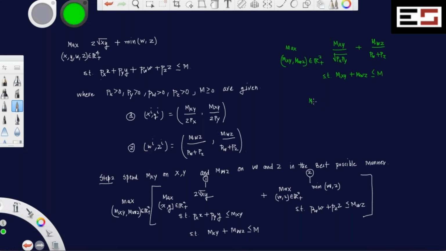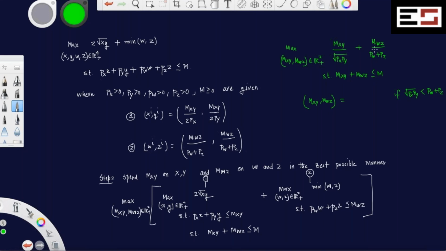Okay, so what is mxy? And what is mwz? Let's solve it. Okay. So notice that the solution, of course, depends on whether this is smaller or this is smaller. So if root pxpy is smaller than pw plus pz, then in that case mxy will be m, right?